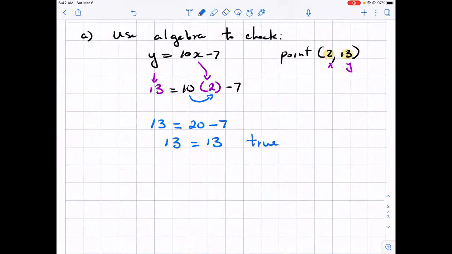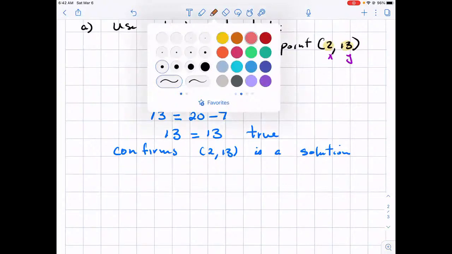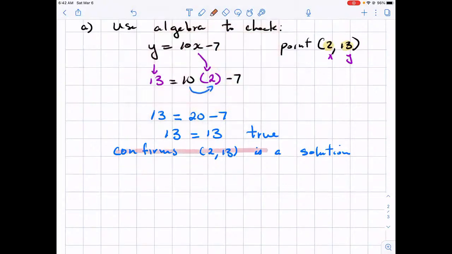This confirms that (2, 13) is a solution, meaning that on the graph, that point lies on the graph.